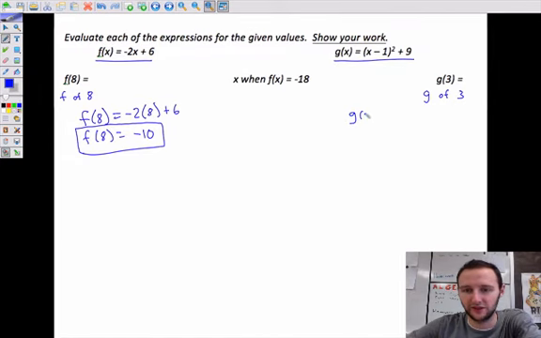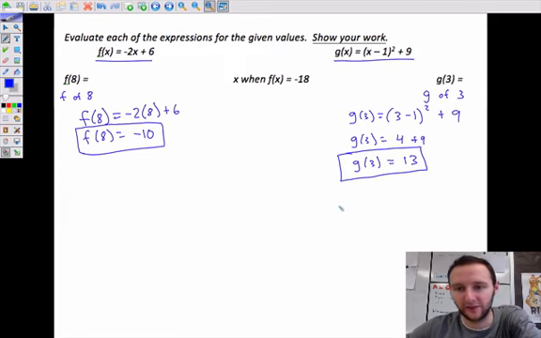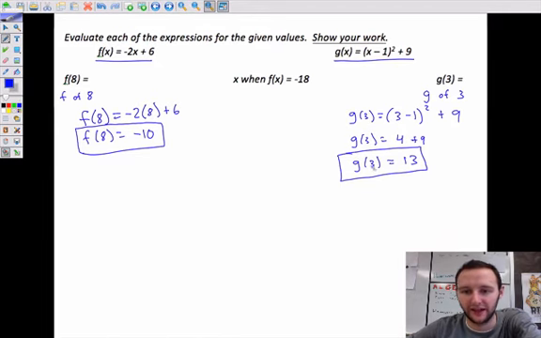So g of 3 equals 3 minus 1 squared plus 9. 3 minus 1 is 2, squared is 4, copy down the plus 9, so g of 3 equals 13. That's my final answer. I plug in 3 for x, and g of 3 equals 13.